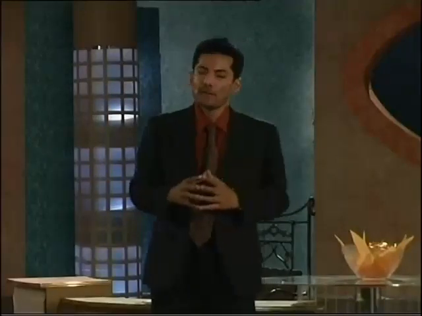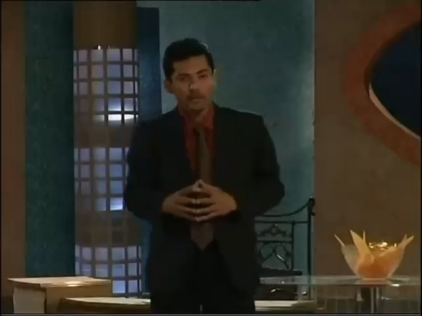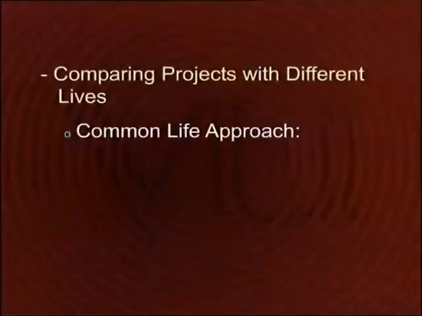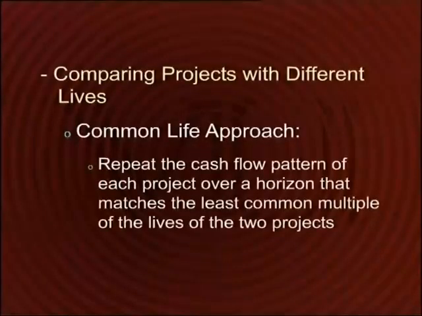One option is what we call the common life approach, and quite simply, you find out what the least common multiple for the life of all the projects is. If, for example, you have one project whose life is 2 years and another project whose life is 1 year, then the least common multiple is 2 years, and you will repeat the cash flow pattern for the investment whose life is 1 year for a period of 2 years.